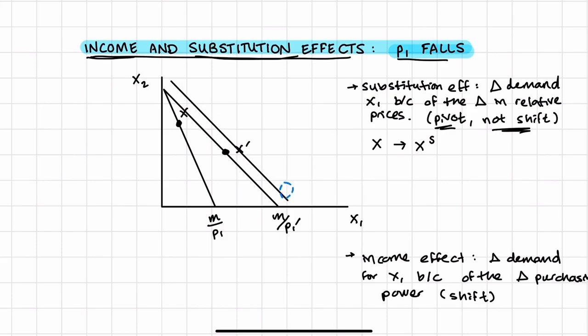It's what will the consumer do if the relative prices change, but his or her purchasing power does not change? There's a budget line that has the same slope as the final budget line, but it's going to go through this original consumption bundle. So we know that their purchasing power stays constant.